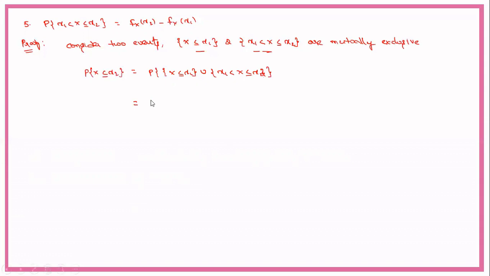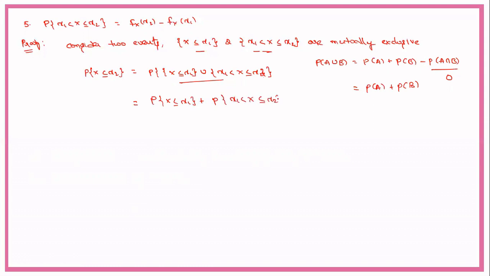Since the two events are mutually exclusive, take an example: probability of A union B is equal to probability of A plus probability of B minus probability of A intersection B. The intersection is 0 for mutually exclusive events, so it is probability of A plus probability of B. Based on this principle, the equation is probability of x less than or equal to x1 plus probability of x1 less than x less than or equal to x2.